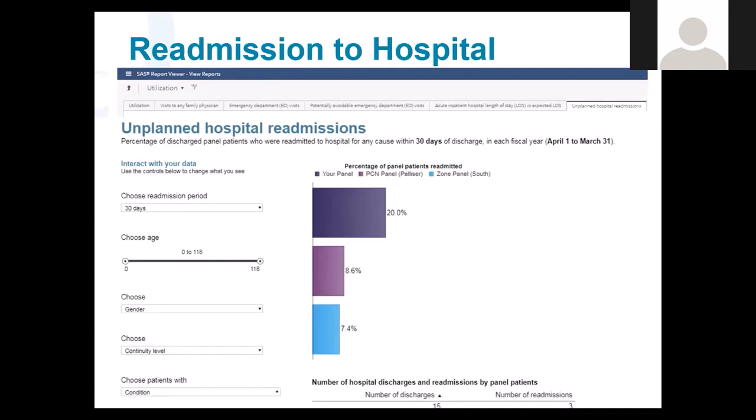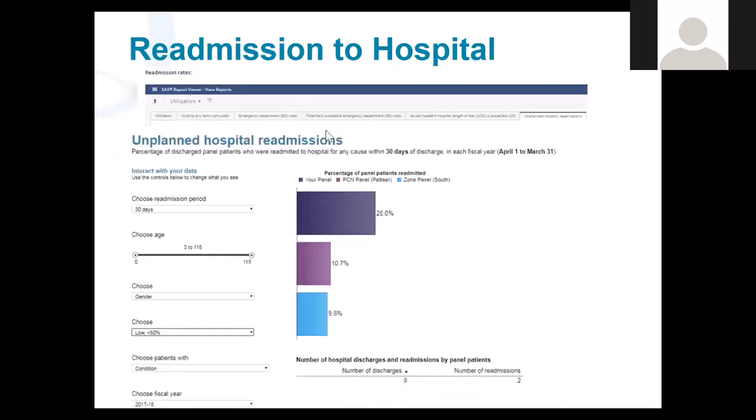You can see that the number of discharges was 15, the number of readmissions was 3. And also on the left-hand side, you can choose gender and different conditions that the patient has. But if we look at low continuity, again, you can see that impact of not having that relationship with the primary provider on readmission to hospital.